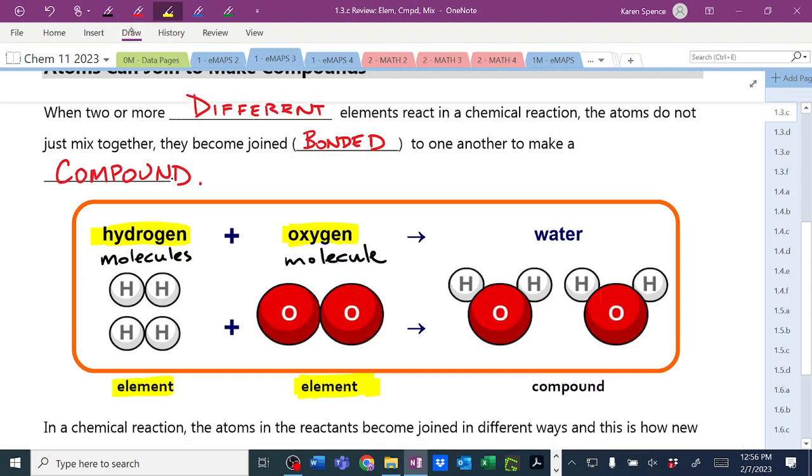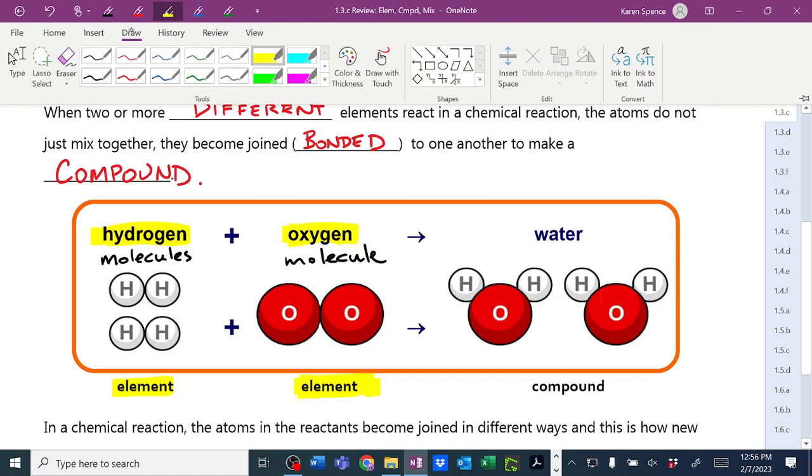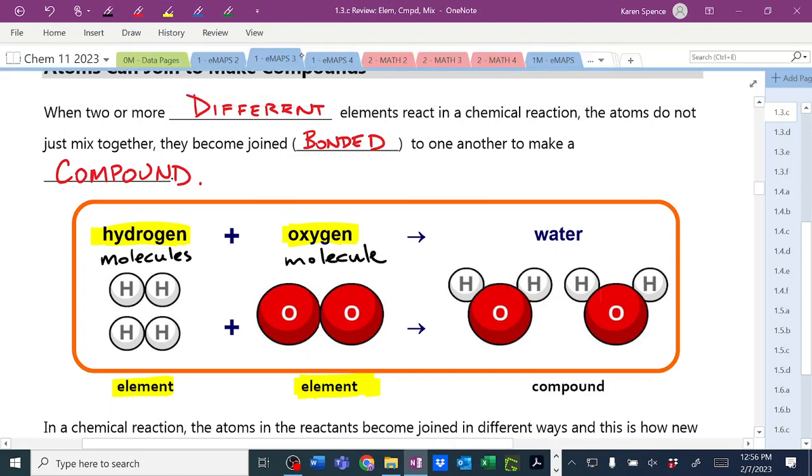And finally, we have our reaction takes place. And at the end, we end up with water. And because it is made of two different elements, both hydrogen and oxygen, it is a compound. So these are water molecules.